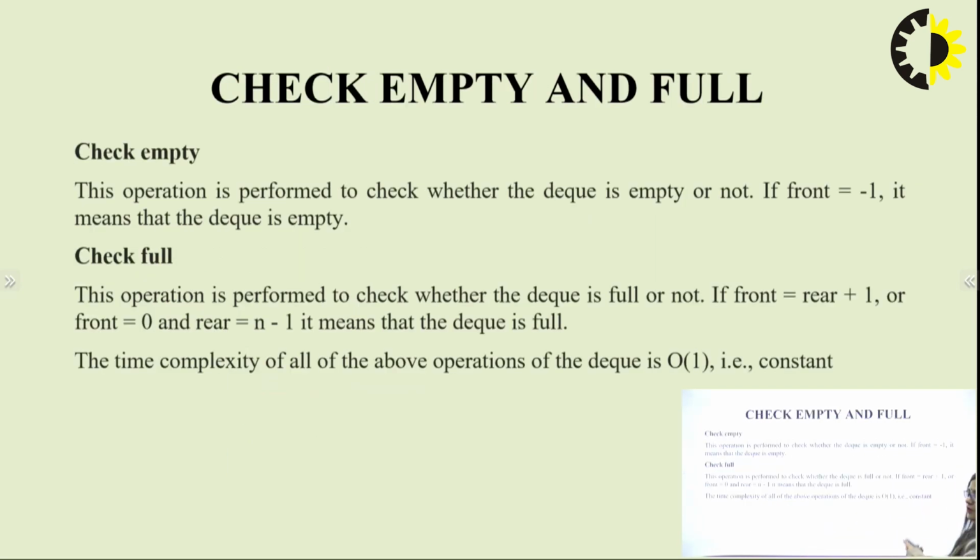So these are the two remaining operations, check empty and check full. If your front value and rear value are -1, then you can say that it is empty. Otherwise, if you cannot insert the value, then you can say that it is full.